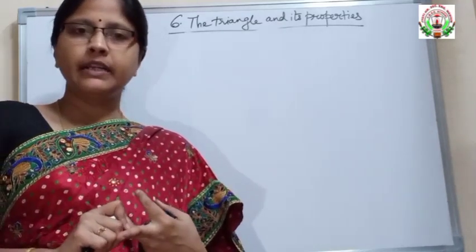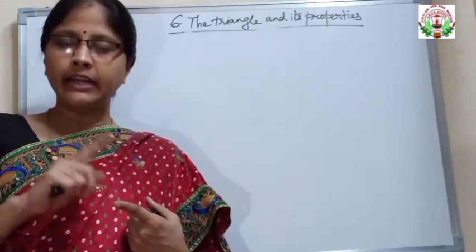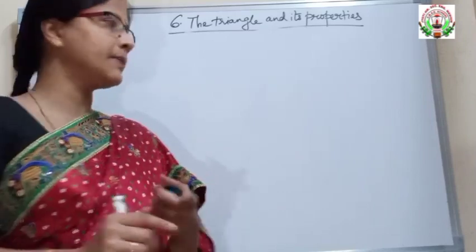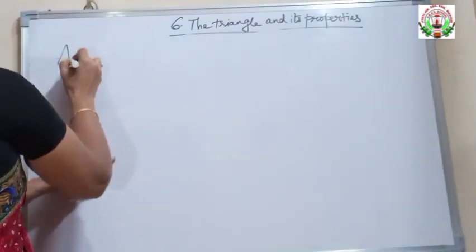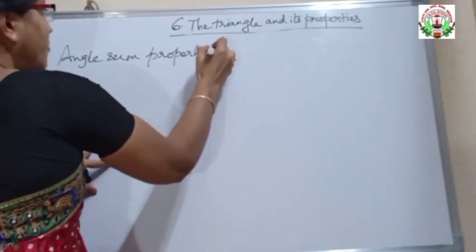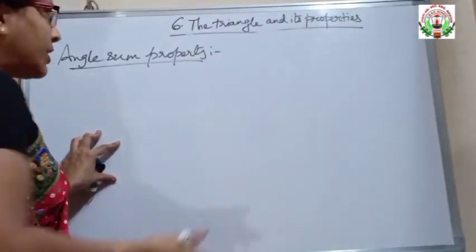Next, we have learnt about the angle sum property. We know that all three angles of a triangle add up to 180 degrees. We are going to use this angle sum property to solve our exercise 6.3.